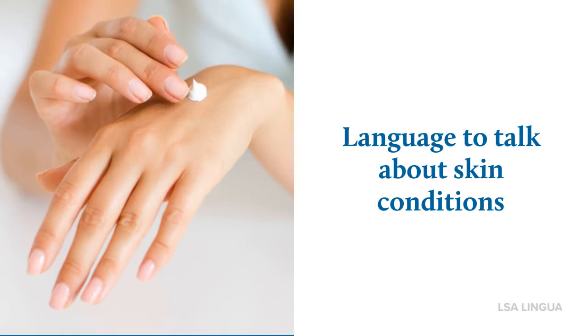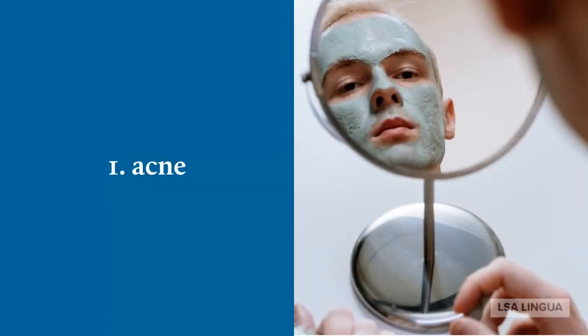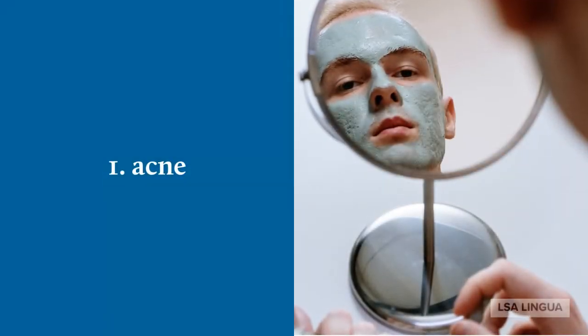So let's move on to language to talk about skin conditions. The first one is acne. According to Caroline Hirons, acnes include pustules, comedones, so black and white heads, nodules, and cysts.